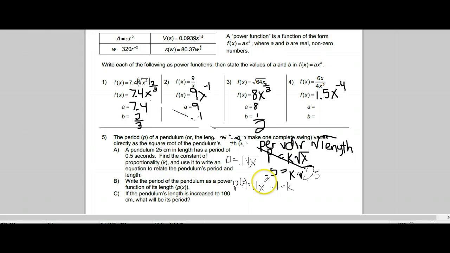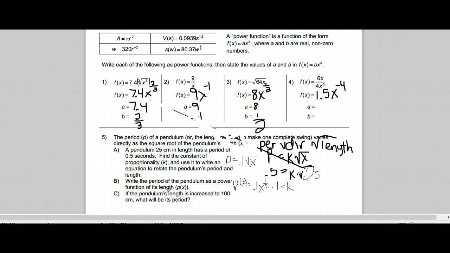So that's obviously going to be x to the 1/2 power. Is that what you were thinking? Good. And remember, this denominator of 2 is the understood 2 on the square root right here, and the 1 comes from x to the first power.